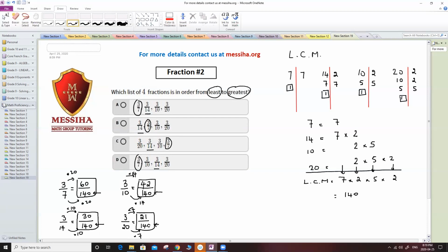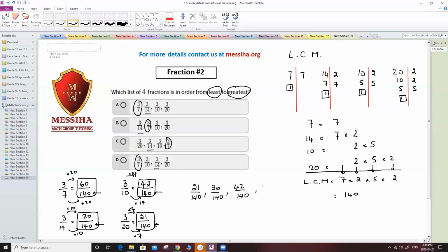Now I can compare which one is the least, which one is the greatest. So 60, 42, 30, and 21. Actually 21 is the lowest one. After the 21, I have 30. After the 30, I have 42.